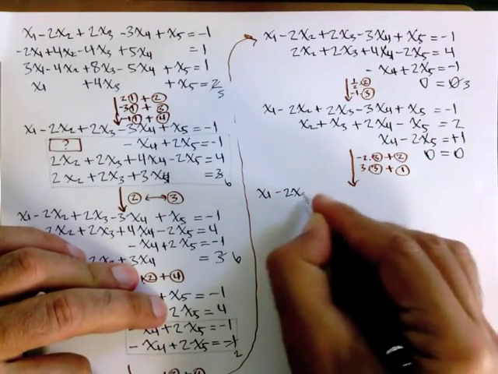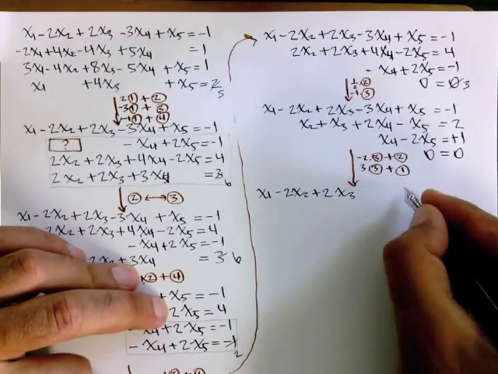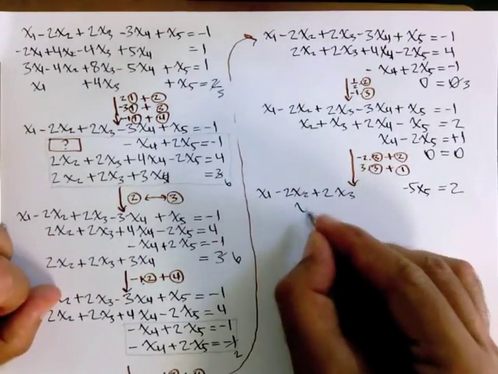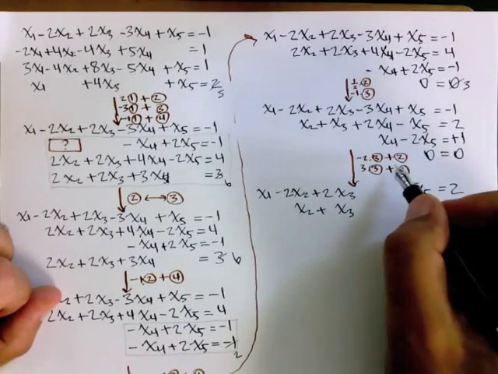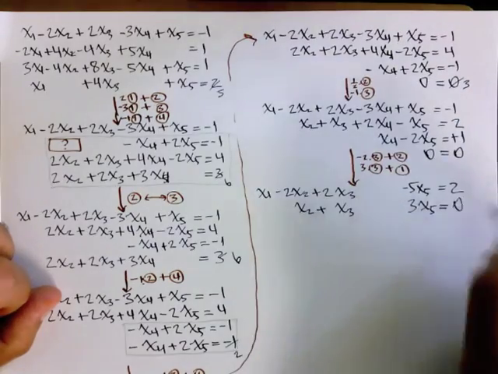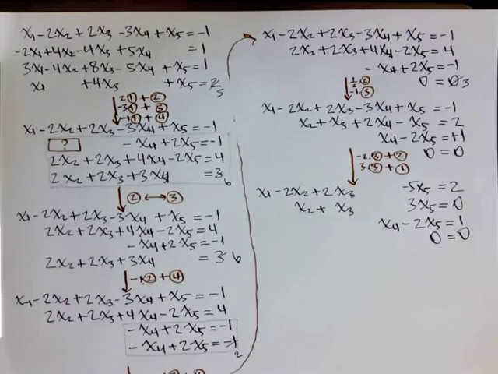Equation 1 becomes x1 minus 2x2 plus 2x3, no x4, minus 5x5 equals 2, and equation 2 becomes x2 plus x3, no x4, plus 3x5 equals 0. Equations 3 and 4 stay the same.